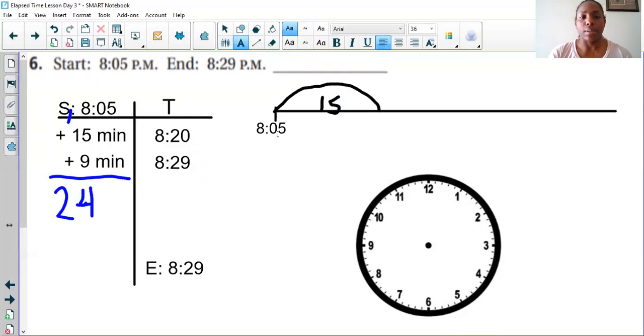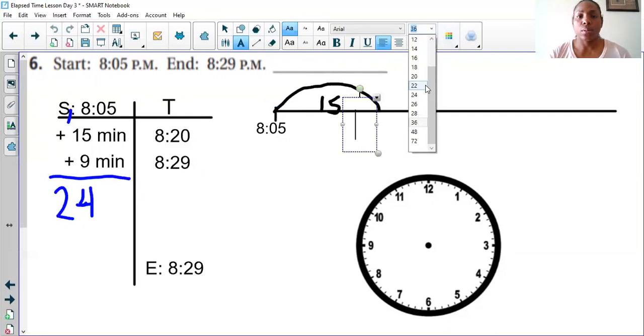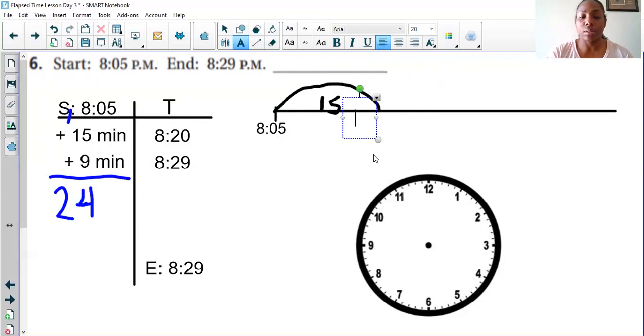If I type this up so it's easier to read for you guys, because I do apologize. So I have 8:20 now when I made my 15-minute jump. And then we made a 9-minute jump.